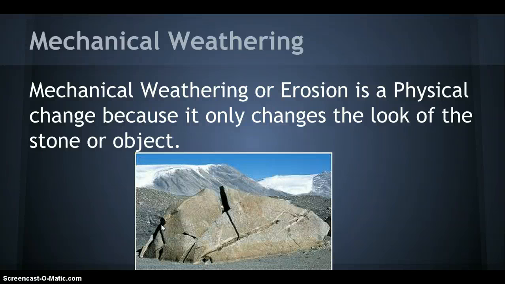Mechanical weathering or erosion is not reversible, but the rock did not change its substance, meaning it is still the same old rock, and it just changed the look of the object. So the molecules were not scattered around or changed into a completely different rock. It wasn't turned into a TV randomly. It is still the same old rock, just in a different form.